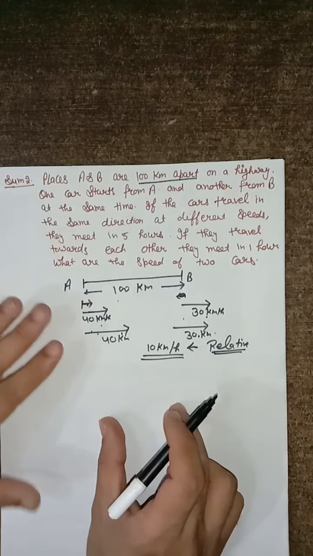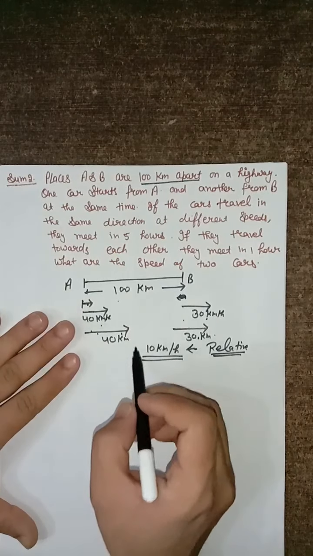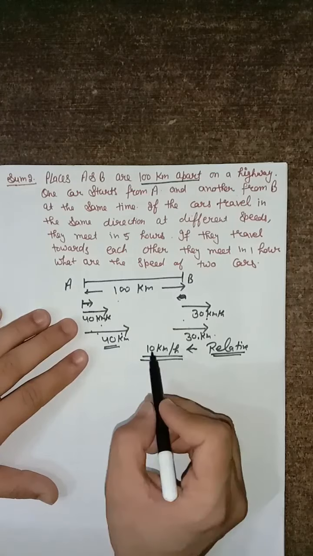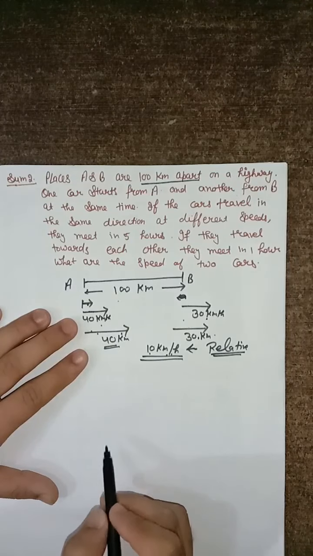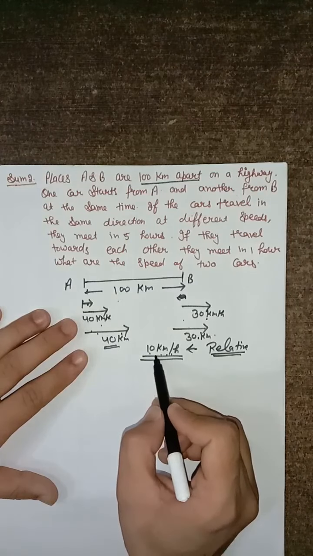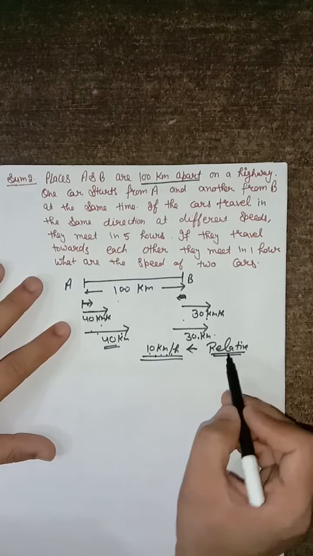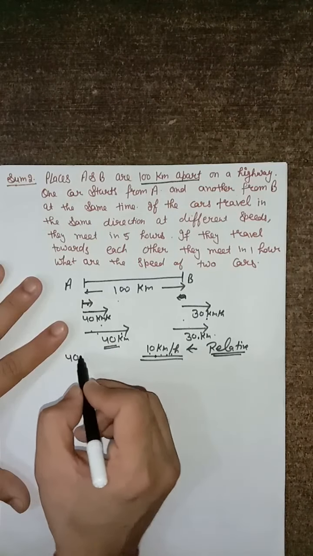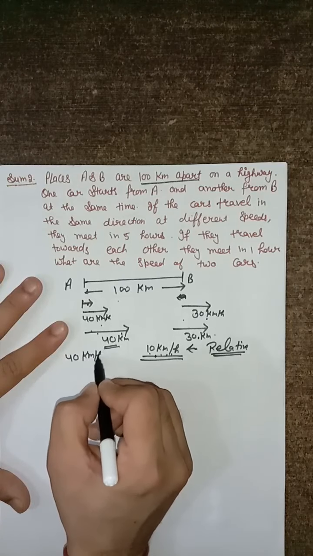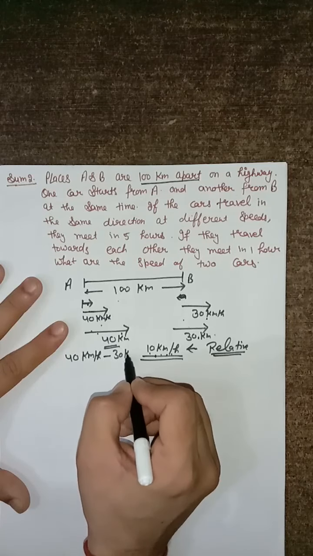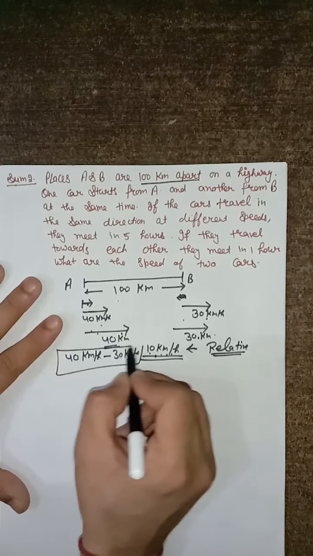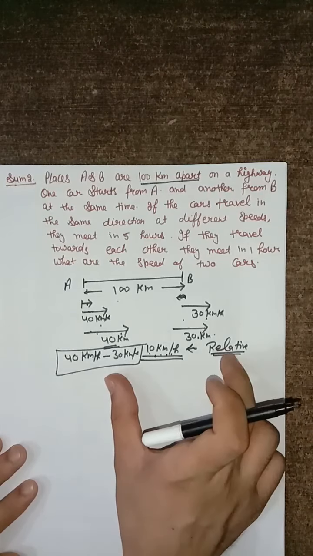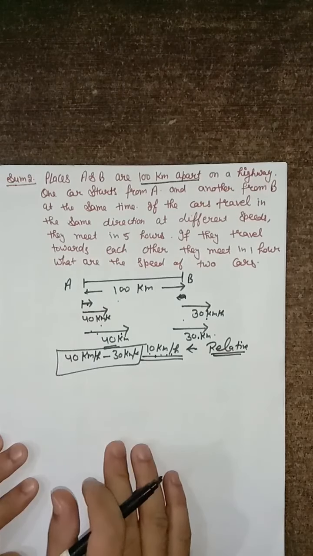If you notice, the difference between the distances will be 10 km in 1 hour, and this is our speed. So the relative speed is 10 km per hour, and it comes from 40 km per hour minus 30 km per hour. This is when both bodies are moving in the same direction.